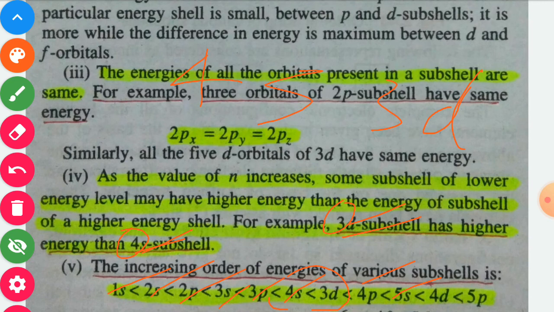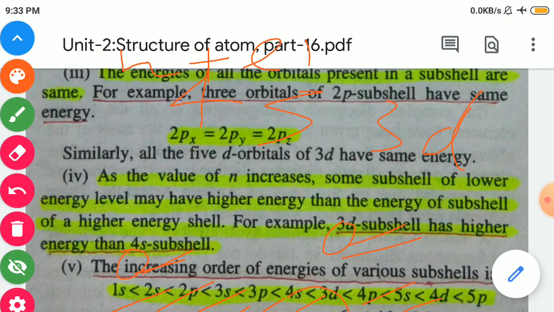But here the situation is contrary. In such cases, we should take the value of n plus l of both, and the subshell which has the lesser value of n plus l, the electron fills there first.